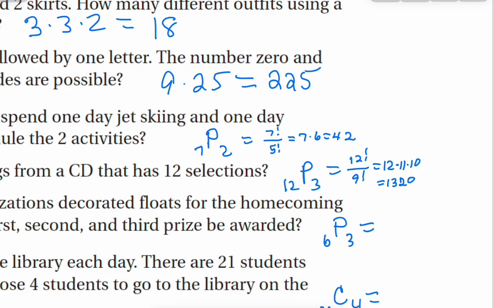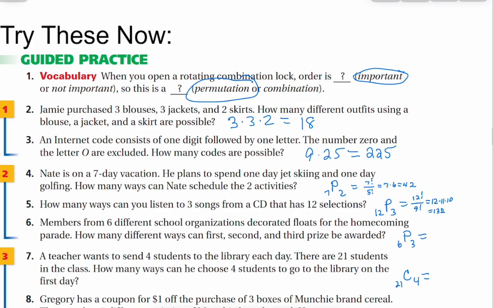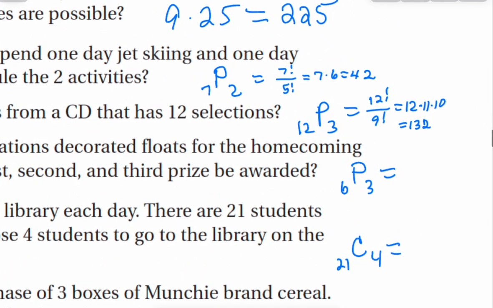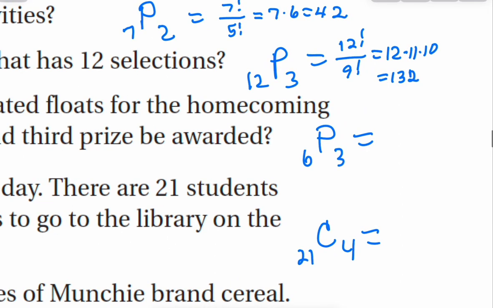Is that good? Number 6 is going to be 6 factorial over 3 factorial, which is 6 times 5 times 4, which is 120.